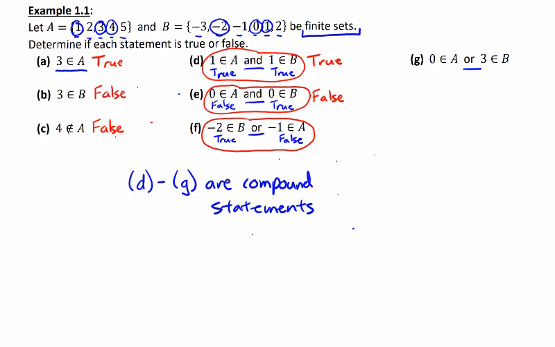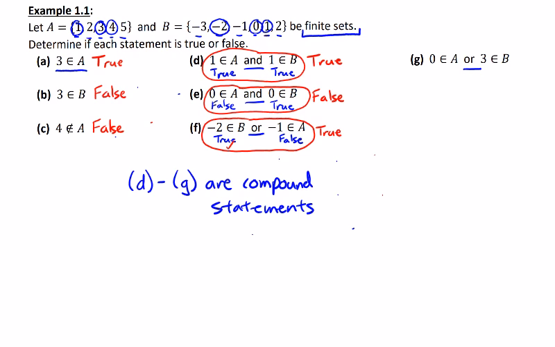But if I look at both statements together, which are being connected with the or statement, or does not require both statements to be true. All it takes is one of these two statements to be true, and it makes the overall compound statement true. So in this case, we do have one of them that's true, which means that we can conclude that compound statement is true. And the last one we'll look at is part G, another or statement.